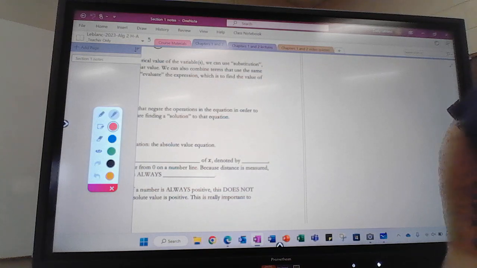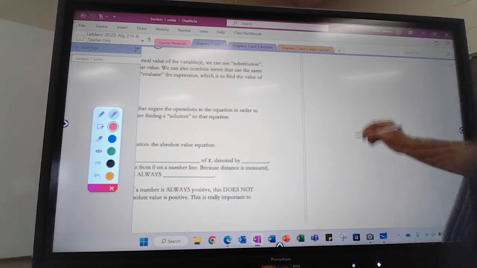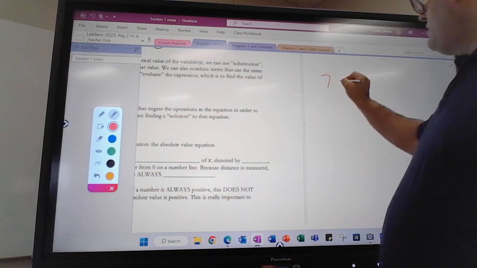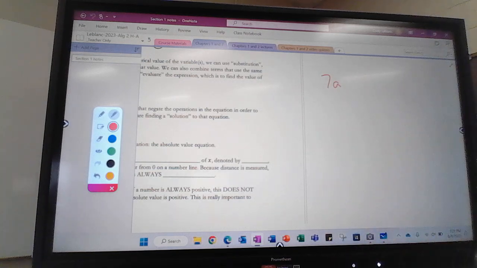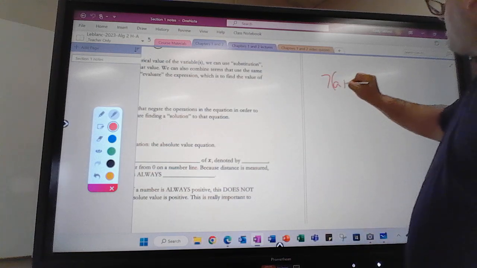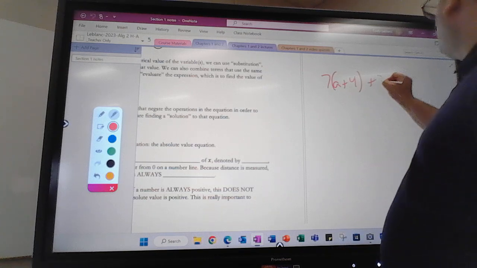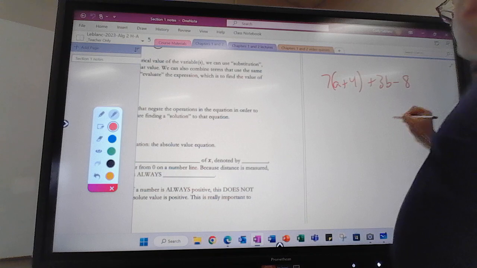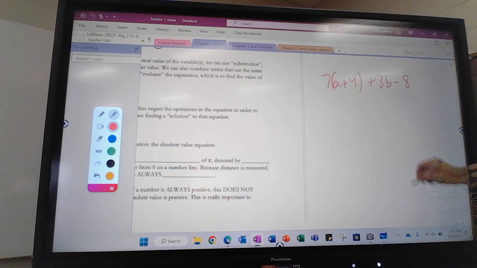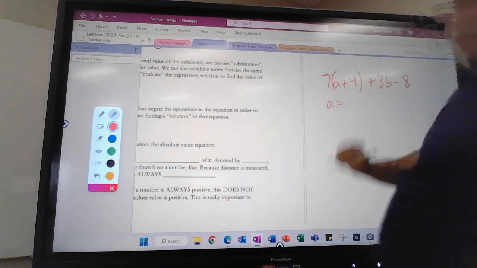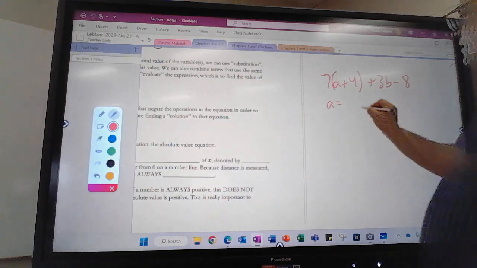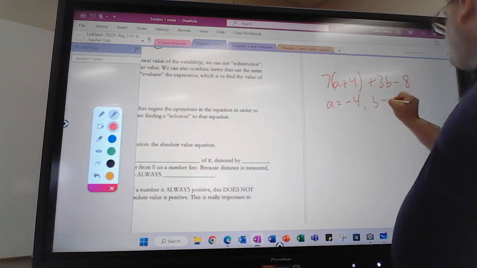Let's say that I have this expression right here: 7 times A plus 4 plus 3B minus 8. And we're going to let A be equal to -4 and B be equal to 5.